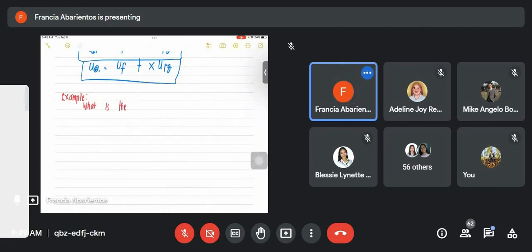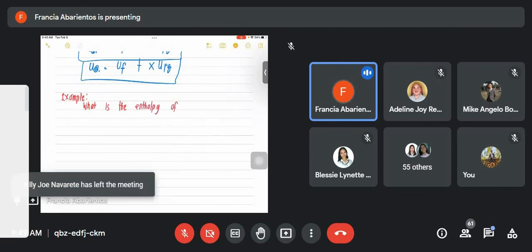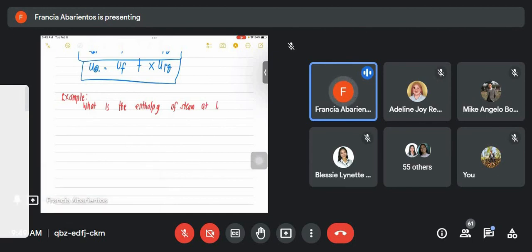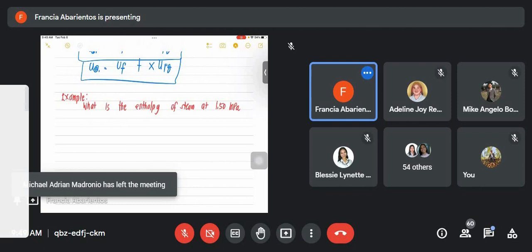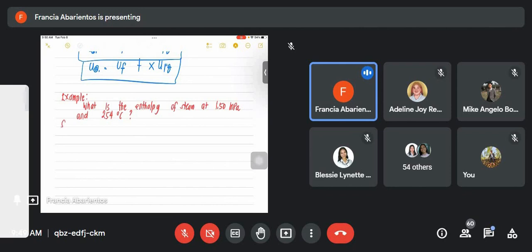What is the enthalpy of steam at 1.50 megapascal and 254 degrees Celsius? So what is the solution? So what you're gonna do is, for example, punta muna tayo dun sa saturation pressure.